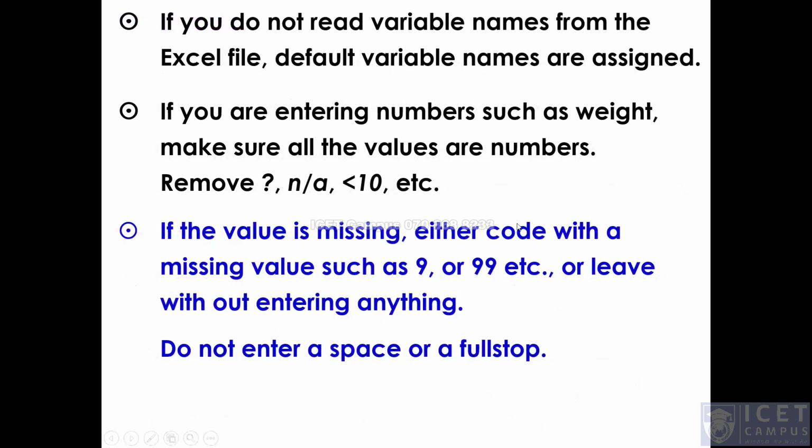If the value is missing, either code it with a missing value such as 9 or 99, or leave it without entering anything. So for these missing values we take values like 999, right? Do not enter a space or full stop. Yeah, so we can't enter a full stop or space in those cells. That is definitely true.